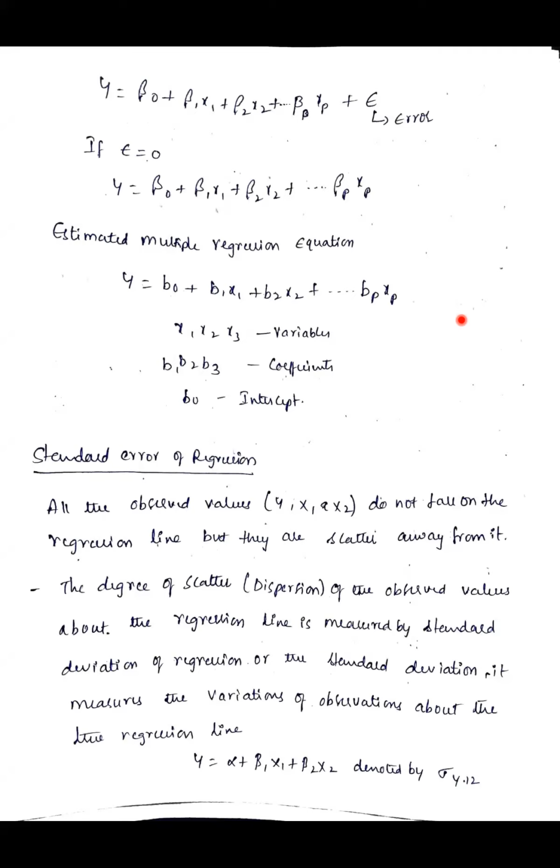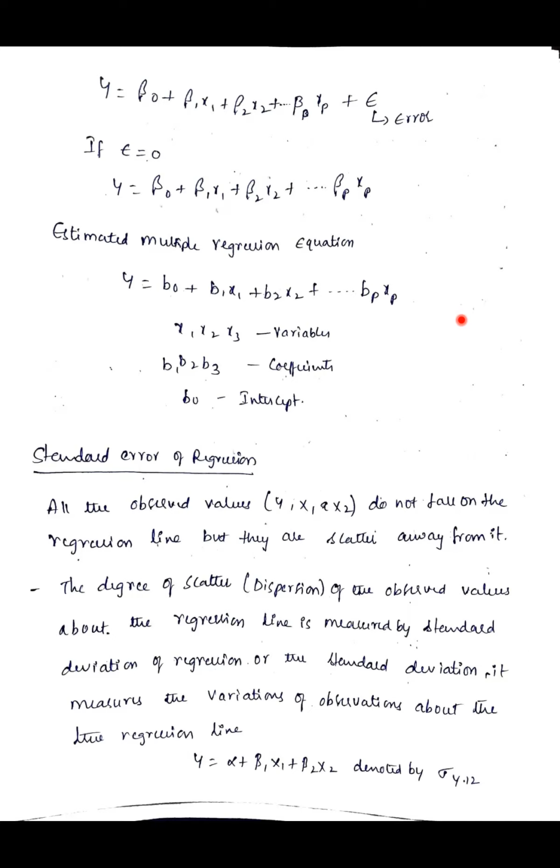Suppose the error of this regression is 0, then the multiple regression equation can be represented as E(y) is equal to beta 0 plus beta 1 x1 plus beta 2 x2 and so on up to beta p xp, and the estimated multiple regression equation is equal to b0 plus b1 x1 plus b2 x2 and so on up to bp xp. Here x1, x2, x3 are the different variables, b1, b2, b3 are the coefficients, and b0 is the intercept.